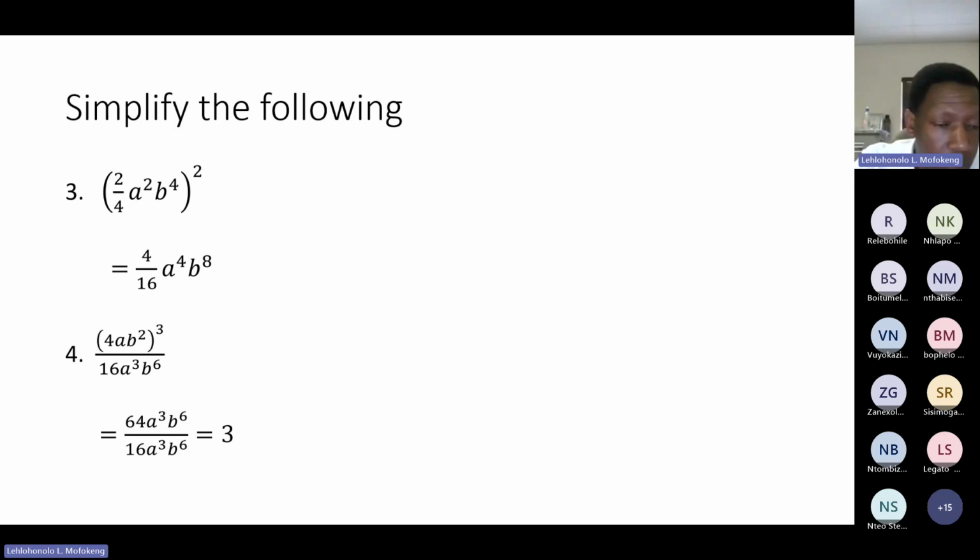So if we divide 64 by 16, we'll get 4. If we divide a cubed b to exponent of 6 by a cubed b to exponent of 6, we will get 1. So this marks the end of our lesson, and then you will get your quiz.